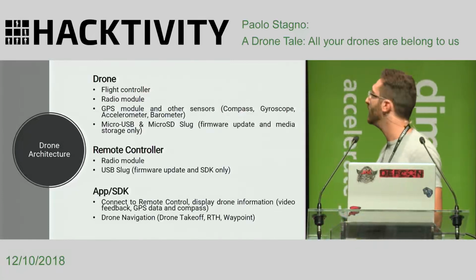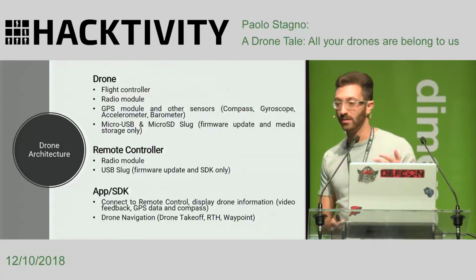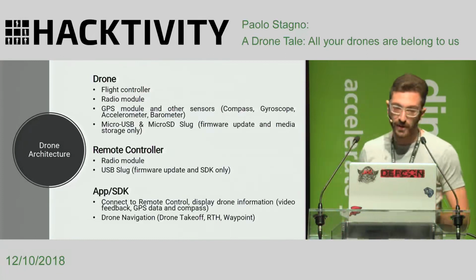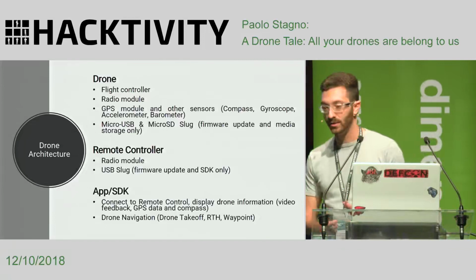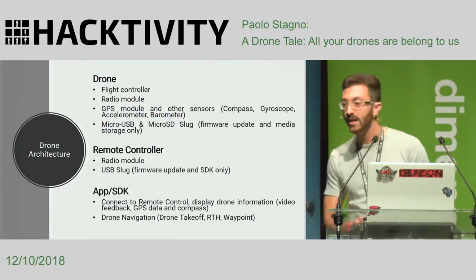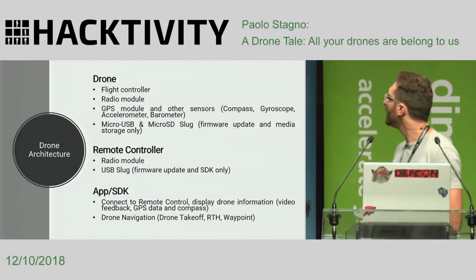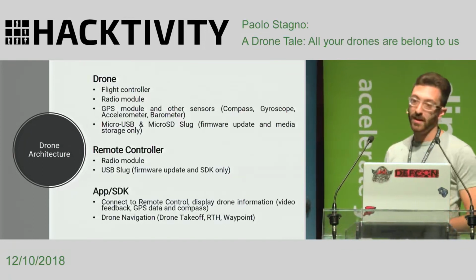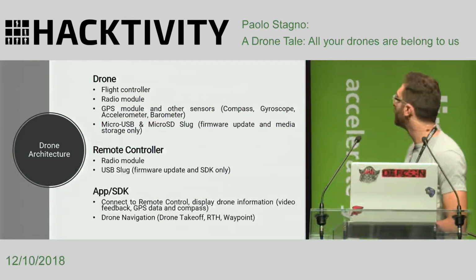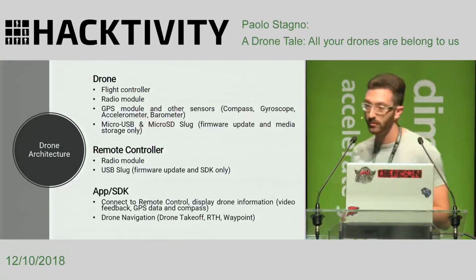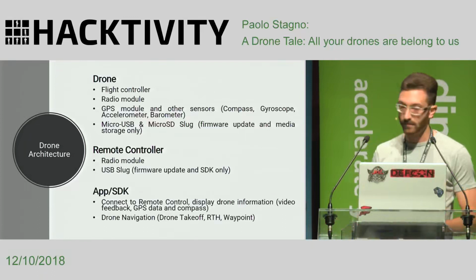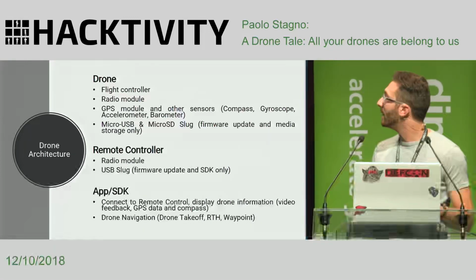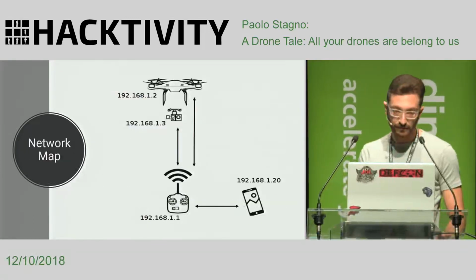This is basically only a radio module for communicating commands to the drone. The last block is the optional application that you can use on a mobile phone. It has some kind of flight-assisted navigation, for example drone takeoff, return to home, and waypoint path flying. That's pretty much the architecture of this model.